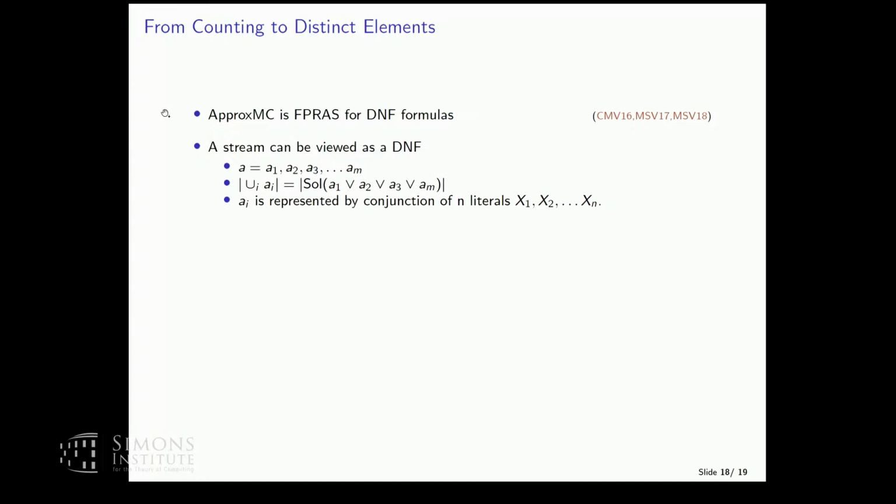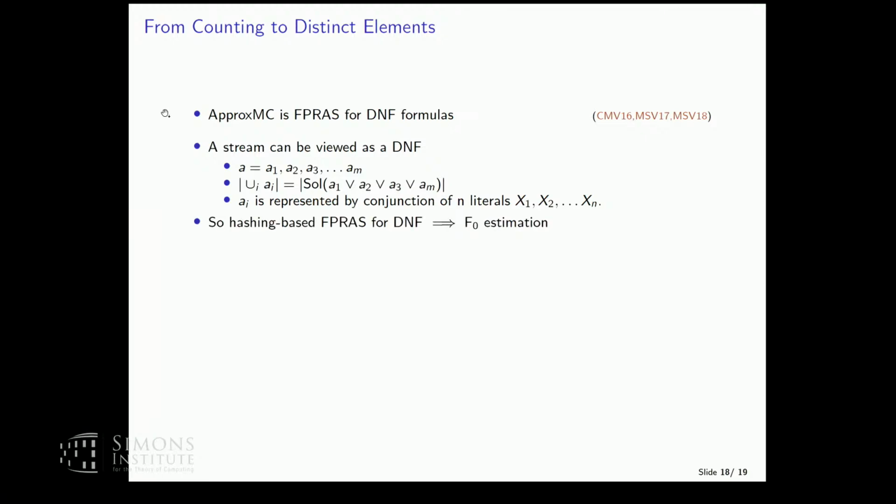So a stream, if you think about it, every element can be represented by a term. Counting the number of elements we see is just counting the DNF. So if you have an algorithm over DNF that has an FPRAS, which can process one term at a time, it immediately gives you an algorithm for streaming.